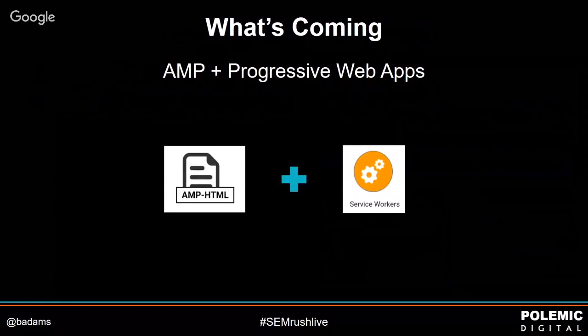Also, very interesting that Google is working on making AMP work with progressive web apps, which would make for very interesting applications indeed, where you can have lightning fast web apps serving AMP HTML with interactivity functionality that you tend to only see in native applications at the moment.